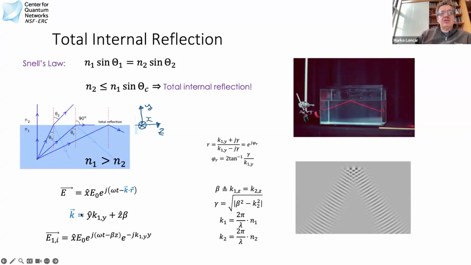There's no wave vector in the direction of x, the direction of the electric field, because it's a transverse wave. All I showed here is that this wave vector k can be broken down into propagation along the y-axis, which is perpendicular to the interface, and propagation along the z-axis, which is parallel to the interface. This is nothing but rewriting this equation here, and here I'm defining all of these figures of merit that I'm using.